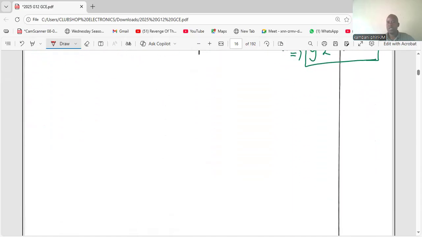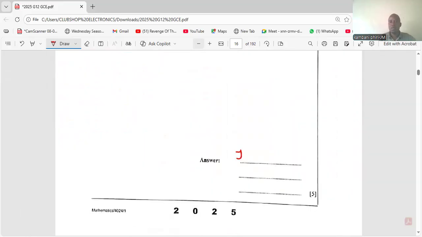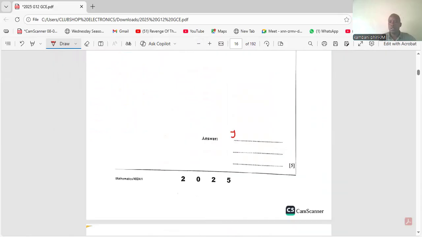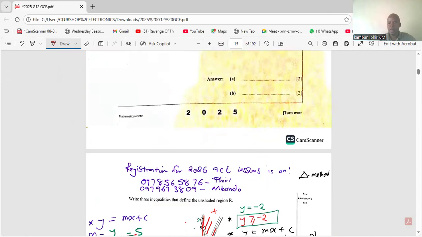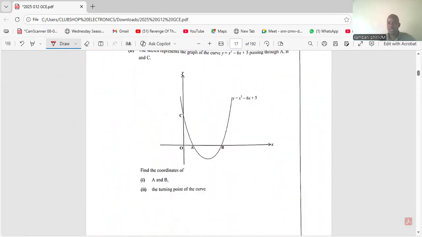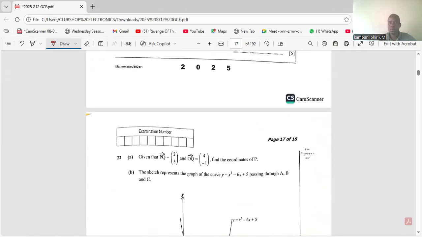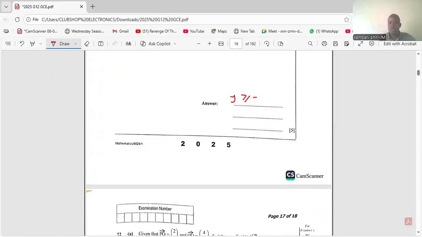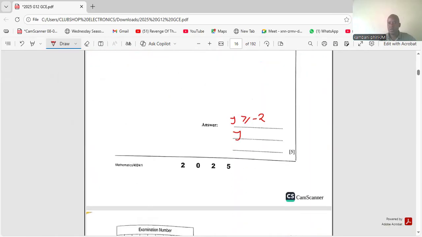So you have got 3. You're supposed to write the 3 here. The first one is y is greater than or equal to -2. The other one is y less than -2x plus 2.